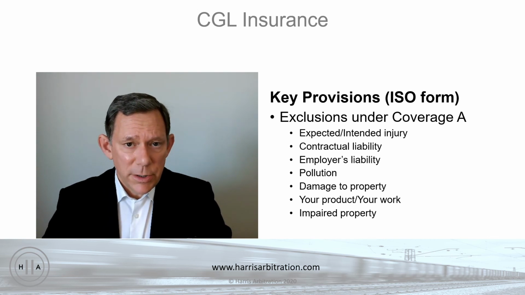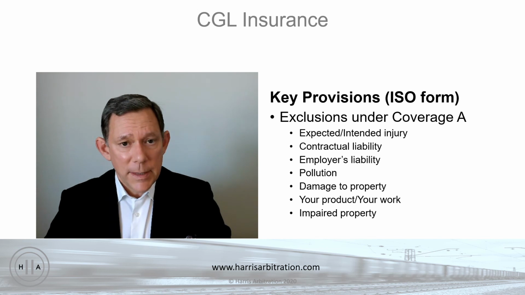Okay, in addition to the coverage provisions and the definitions that it uses, there are going to be exclusions. And some of the main exclusions under coverage A, for example, the expected or intended injury exclusion.